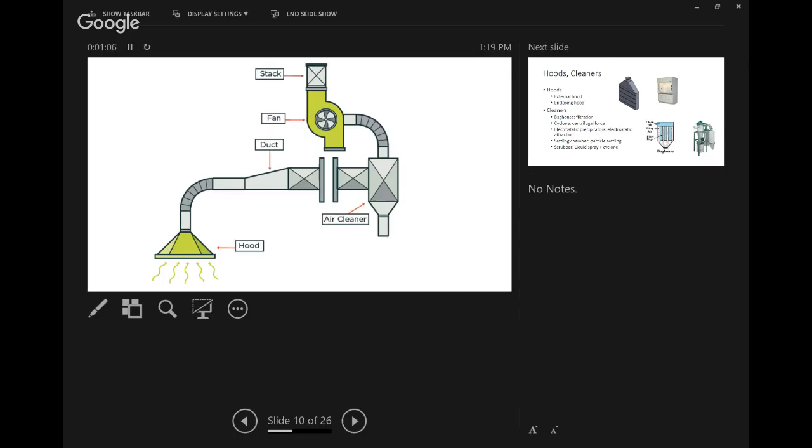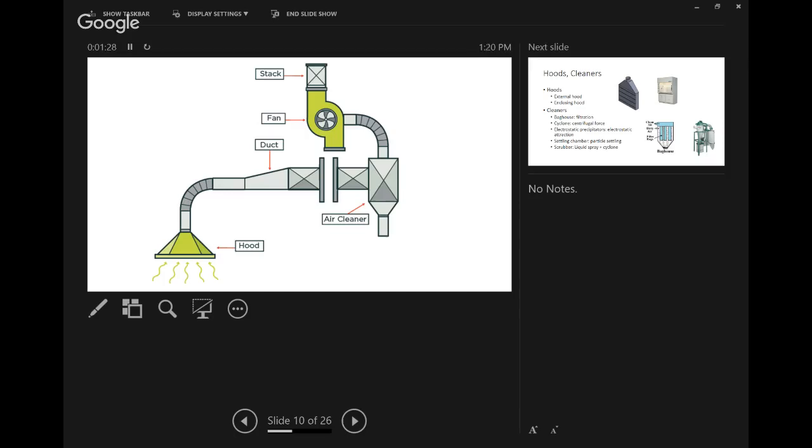Another option is what's called a... actually, wait, that's for particulates. I'm forgetting what it's called, but it uses a liquid like water, for example. So the air stream enters this location.